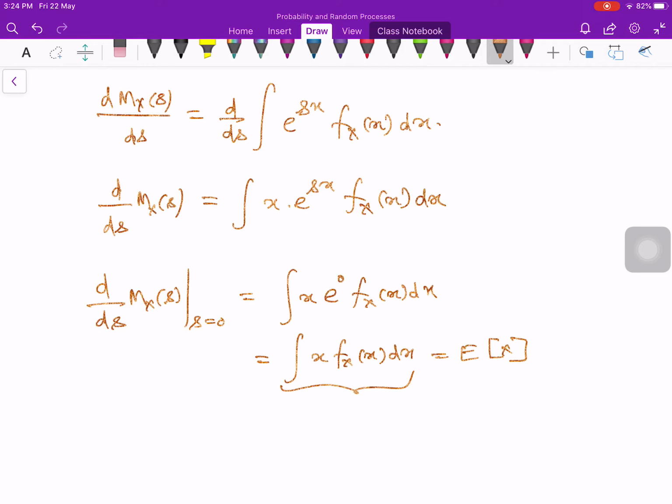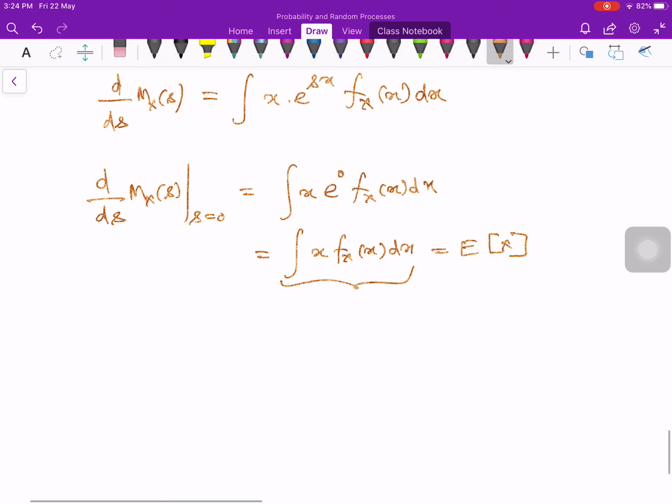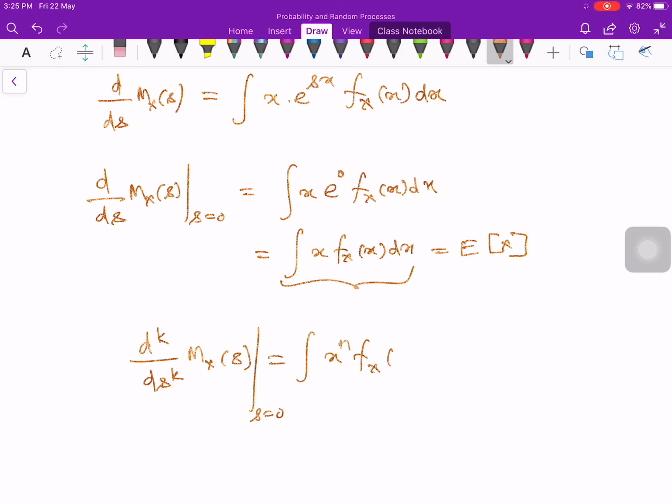If I differentiate k times the function M of s with respect to s, then I get the kth order moment. So d to the k over ds to the k of M sub x of s, at s equal to 0, is the integral of x to the k f x of x dx. This is nothing but the expected value of x to the k.